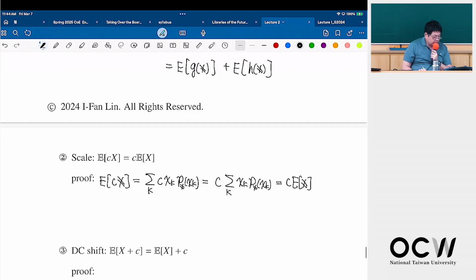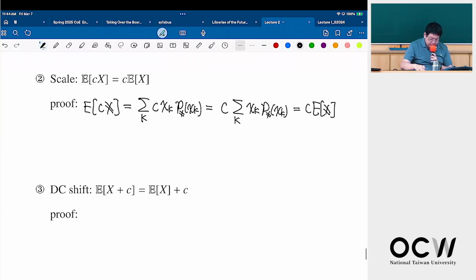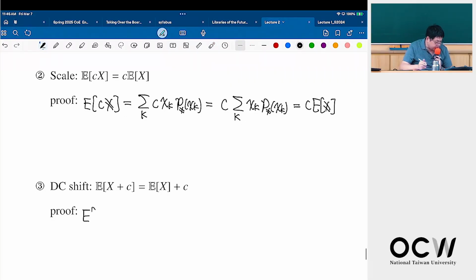And now, if I have a shift, called DC shift, x plus a constant, then for the expectation, it matters. We still have my expectation, but we still add this constant. So let's have a quick proof. For the expectation, I still consider all possible outcomes, xk plus c, times their corresponding weightings, the PMF of x.